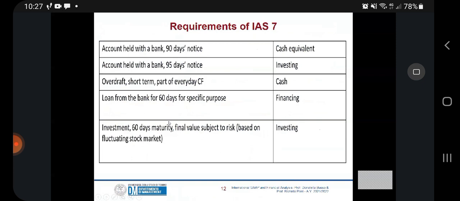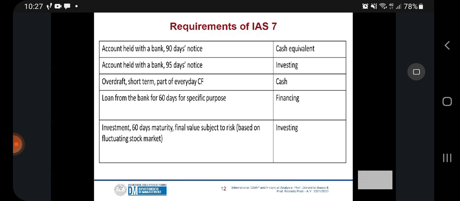Usually the requirements of IAS 7 can be summarized in this table. As cash equivalents, we will regard all the accounts that are held with the bank for less than 90 days. As we said, for less than 3 months. Whereas if we have an account in a bank for slightly more than 3 months, for example 95 days, that is not a cash equivalent anymore, but it is an investing activity.